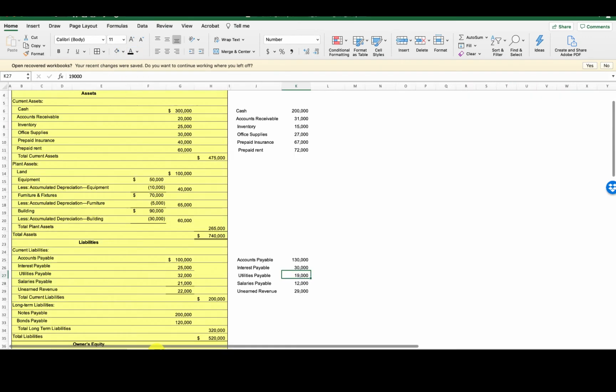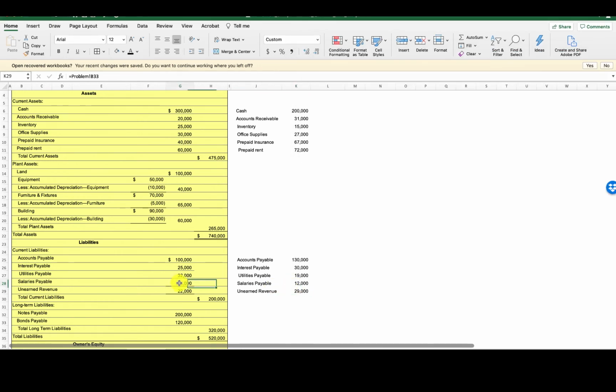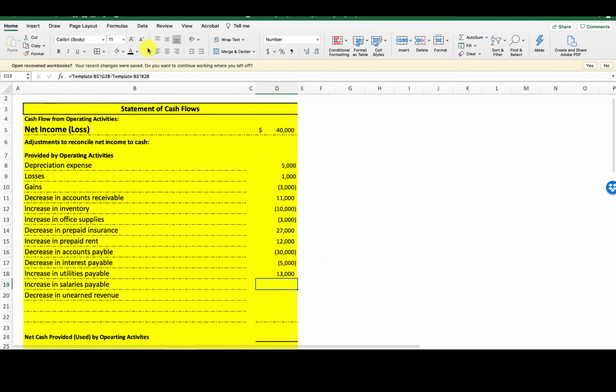Let's look at salaries payable. Salaries payable, I had 12,000 and then I went to 21,000. So that was an increase. What do I do with an increase in salaries payable or an increase in a liability? If it's an increase, I add. So I went from 12 to 21. So that's about 9,000. So I'm going to put in 9.